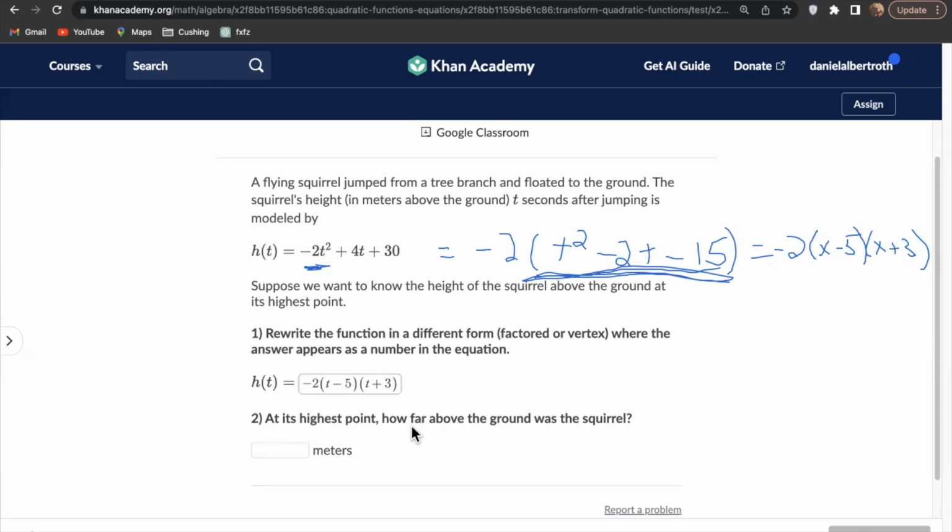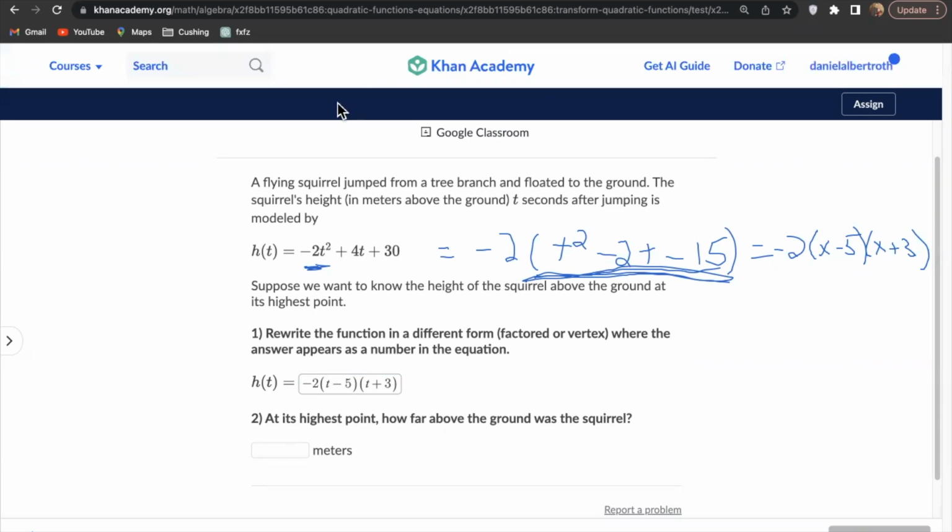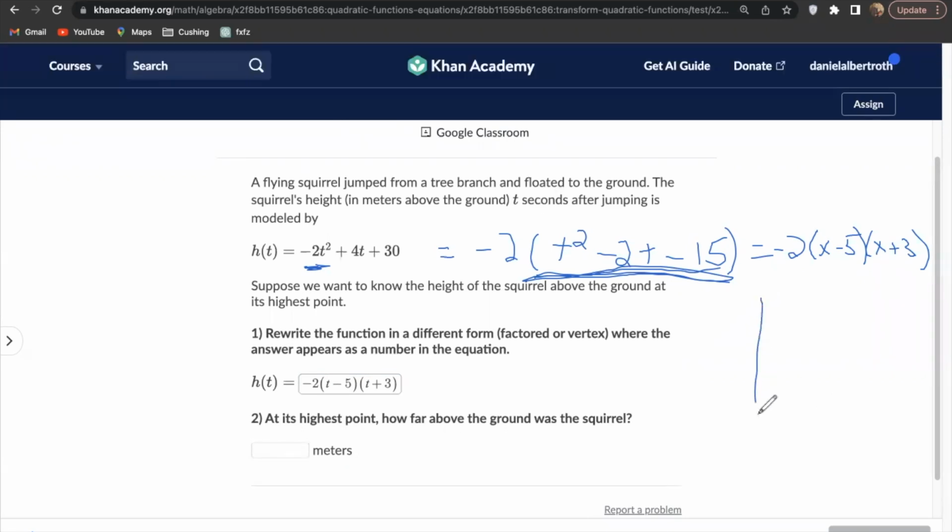At its highest point, how far above the ground was the squirrel? So where was the highest point? Let's think about it. I have a graph, and h of t is the height of the squirrel, t is time. I know I have solutions of 5 and negative 3.